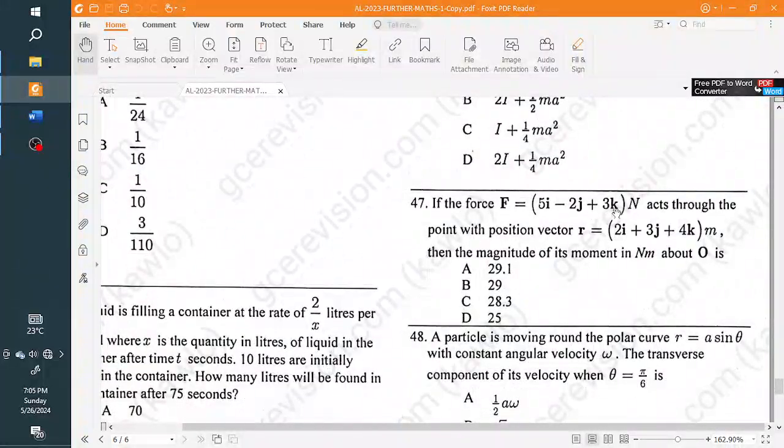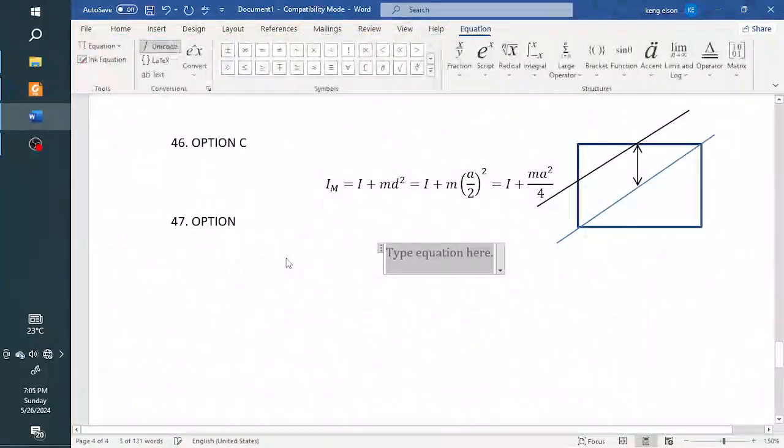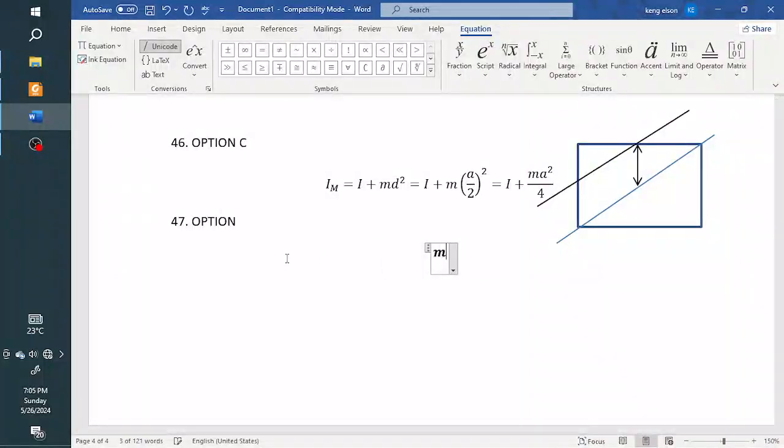Question 47. If the force F acts through the point with this position vector, the magnitude of its moment about O is, so moment is R cross F. So the moment is equal to R cross F about the origin.